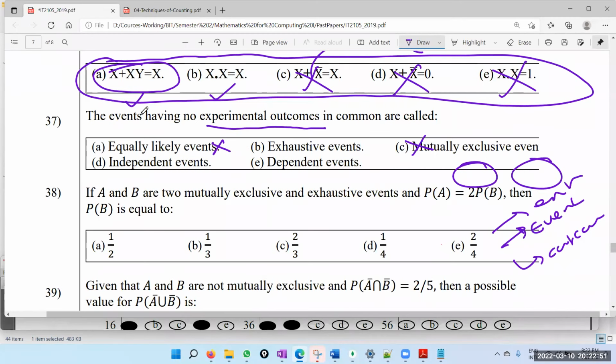Independent events. Events having no experimental outcomes, what is that? Definitely not independent. Independent means this outcome does not depend on the other outcome. That is where we can multiply. They are not dependent. Dependent means event B depends on event A.